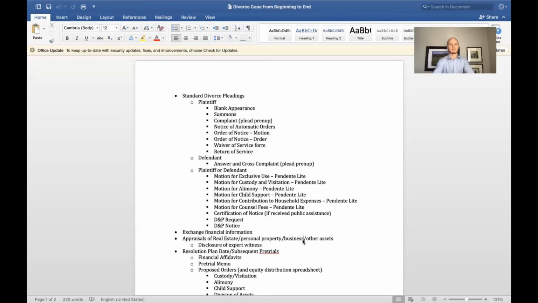And generally speaking, for all of these things, we need to find an expert witness who can do an appraisal on the house, or who has an understanding of these sorts of businesses. And there are experts who all they do is business valuation, where they'll dig into the financials of a company and come up with a value. So those are the types of professionals that we would potentially want to enlist to come up with values on assets that aren't necessarily known, so that we can have a full understanding of the financials.